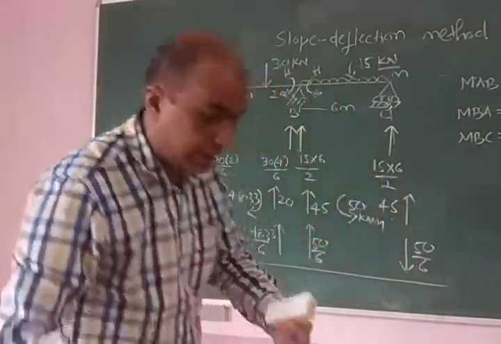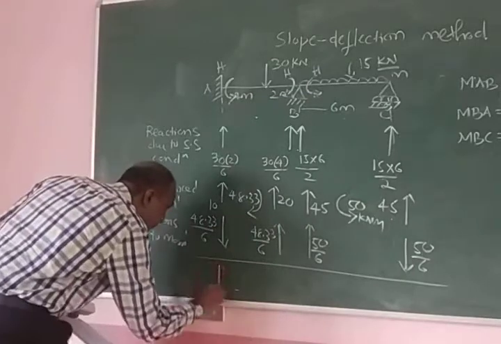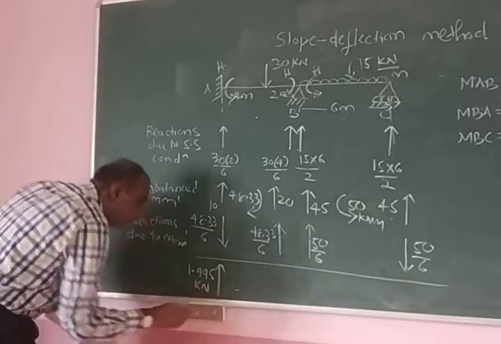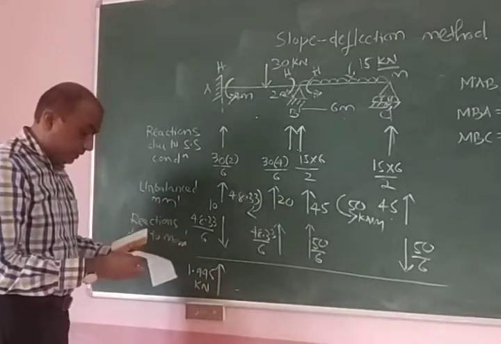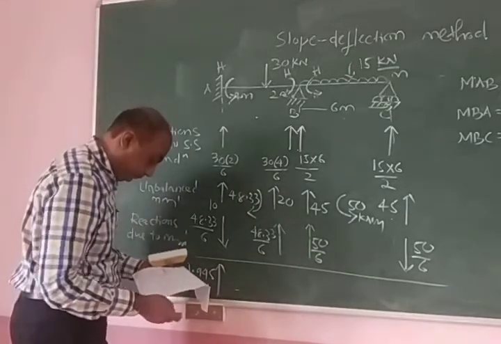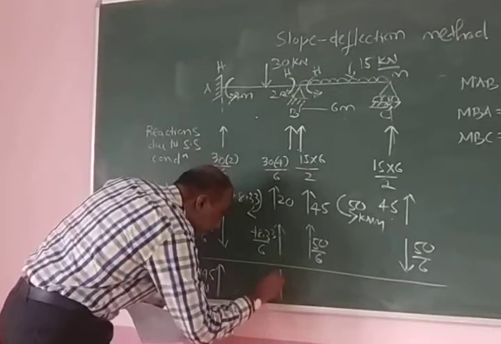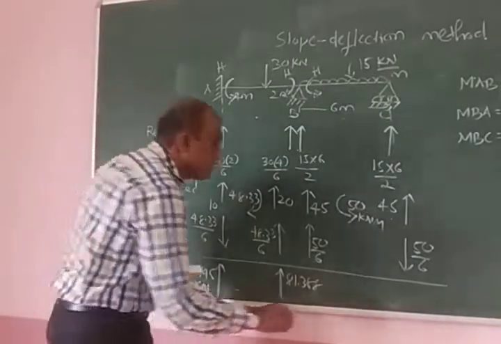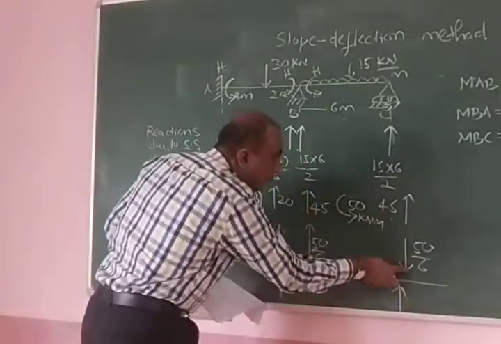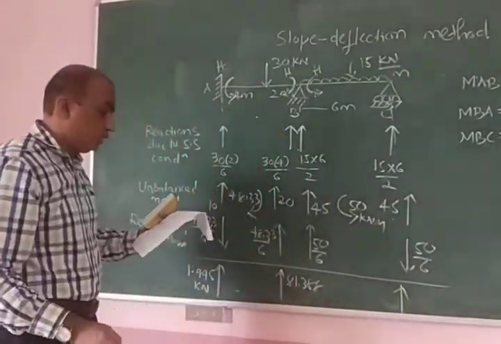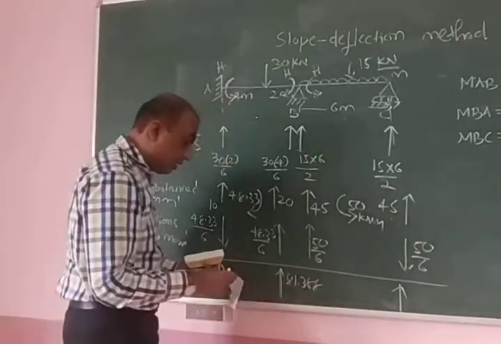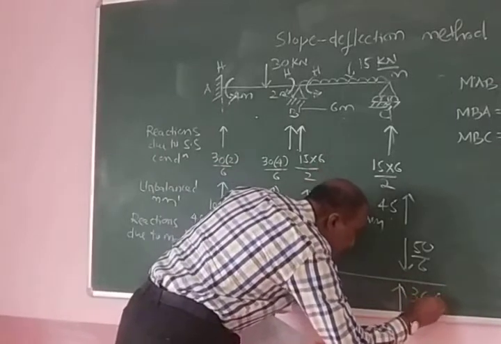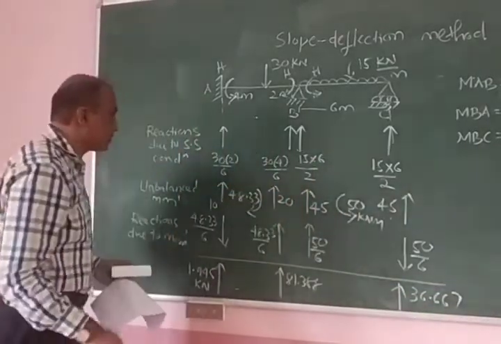I will just write down here 1.945 kilonewton, and here it is 81.388, and then this is the final reaction here. 45 minus 50 by 6, that comes to 36.667. So these are the values.